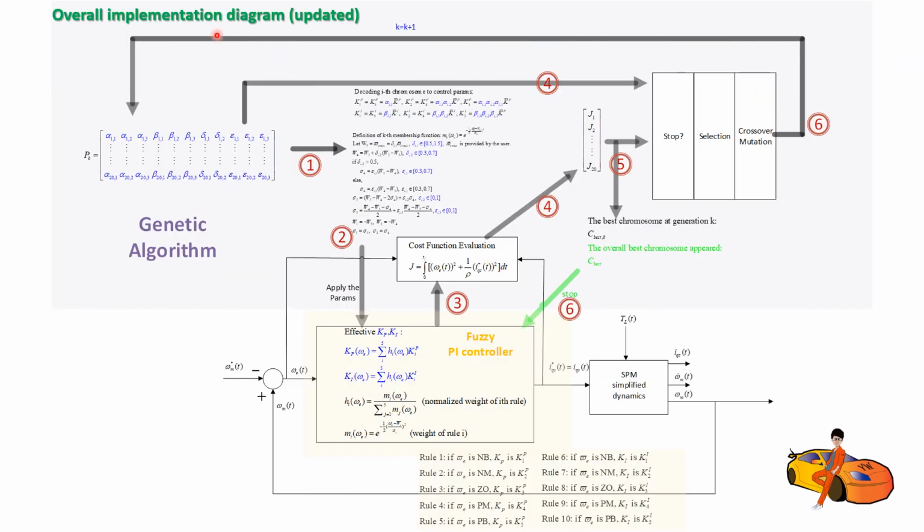This is an updated overall implementation diagram. I basically replaced this with 11 parameters, and this is the decoding strategy to transfer the GA parameters into the control-related parameters.